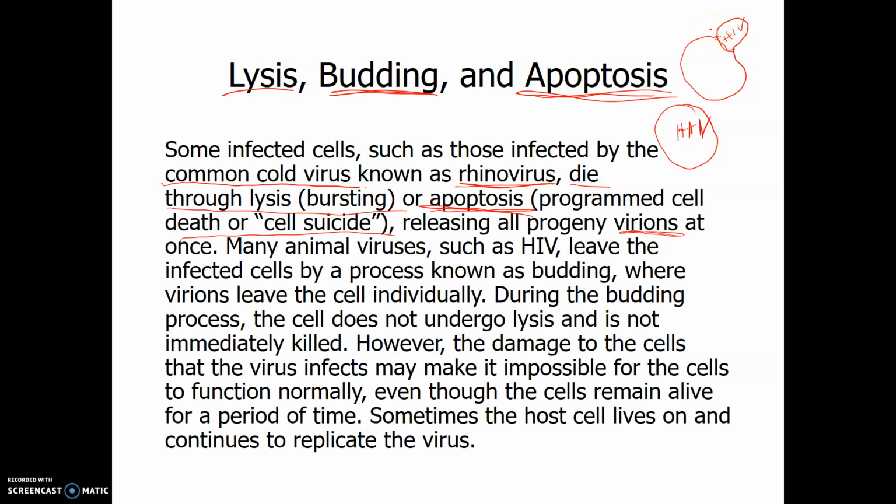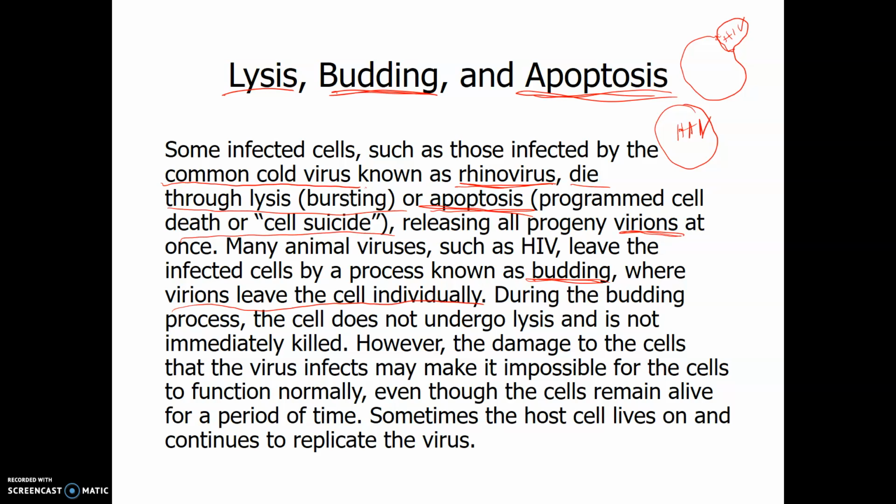Okay, so some viruses leave by a process known as budding. And in that case, the virions leave the cell individually and they have an envelope around them. During the budding process, the cell does not undergo lysis and is not immediately killed.